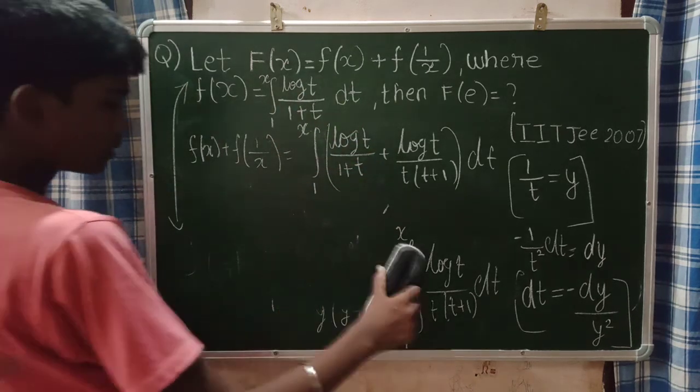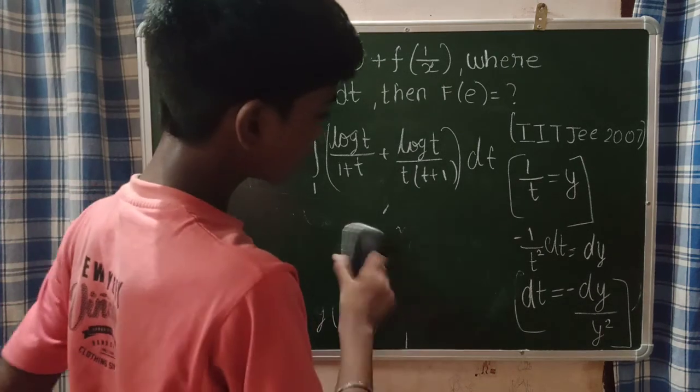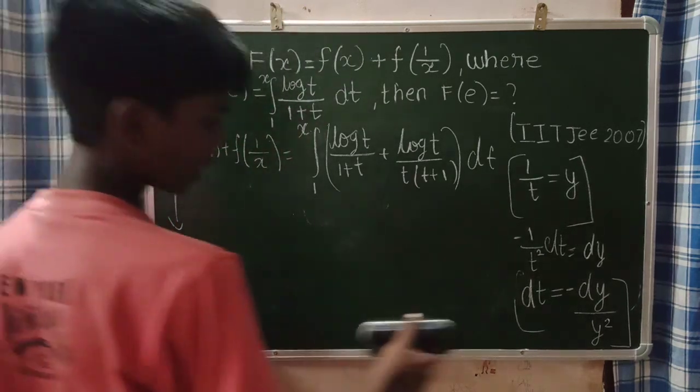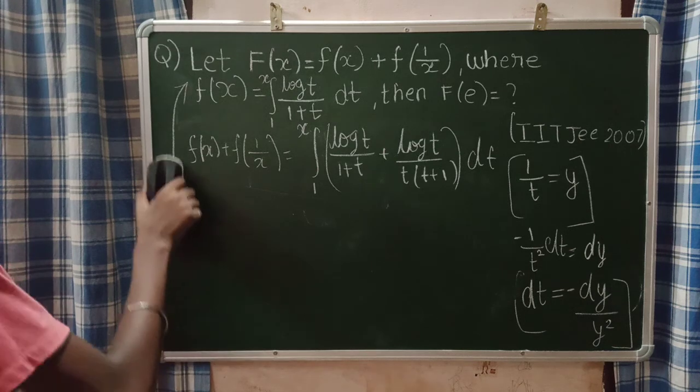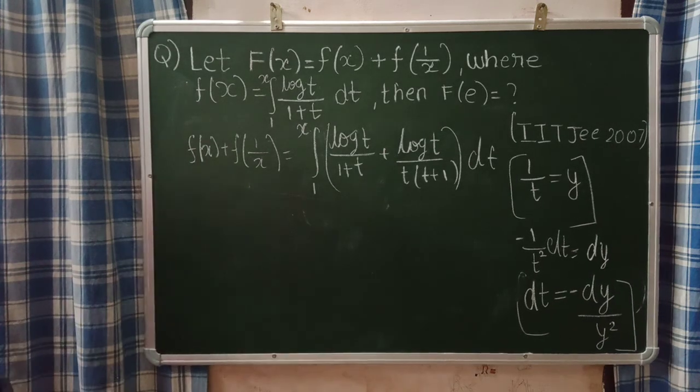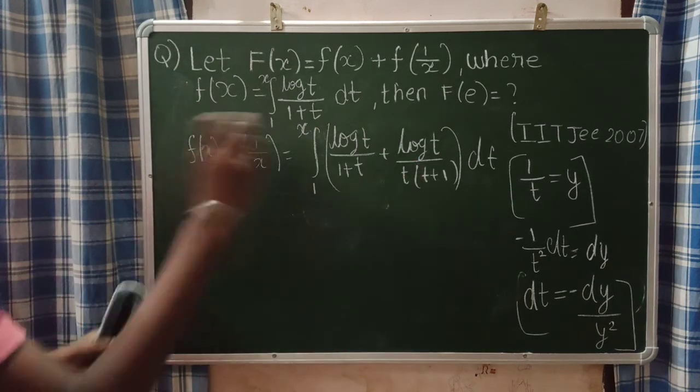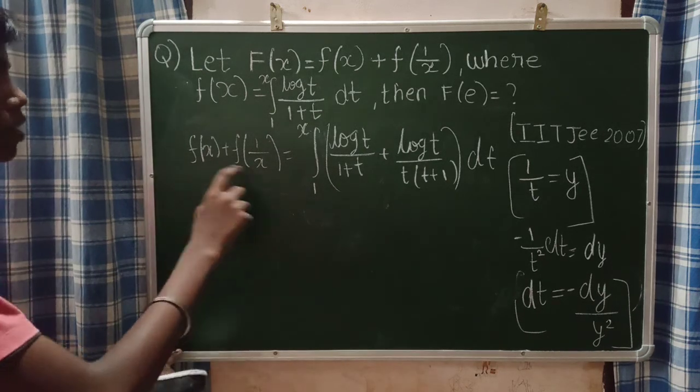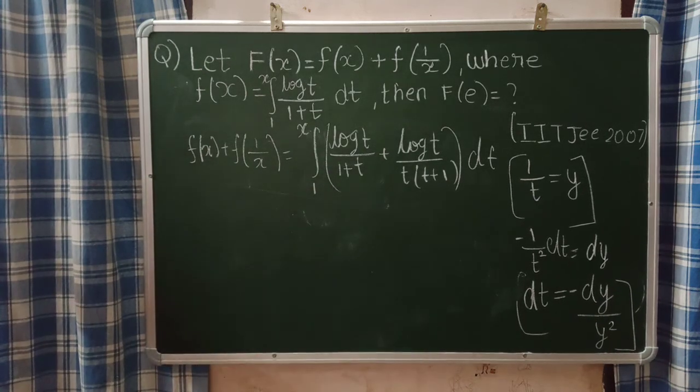Now I will rub this, because we don't need it now. Now guys, this is your f of x plus f of 1 by x. So you're supposed to solve this integral. What is f of x plus f of 1 by x? That is capital F of x. Small f of x plus small f of 1 by x is nothing but capital F of x.